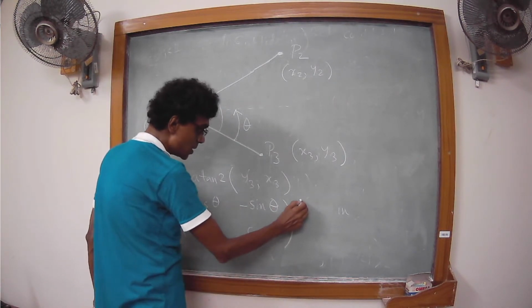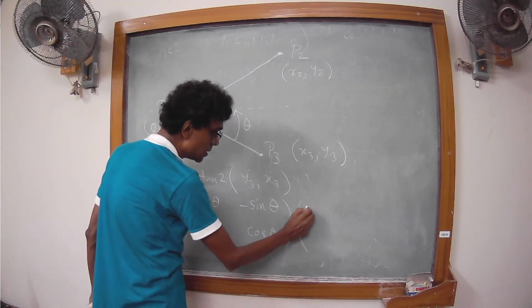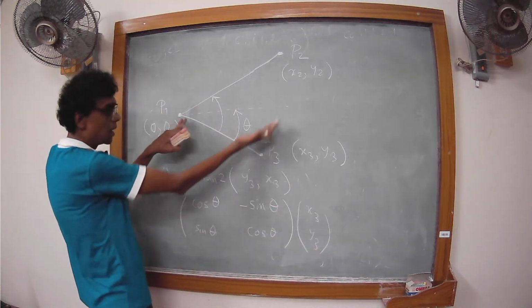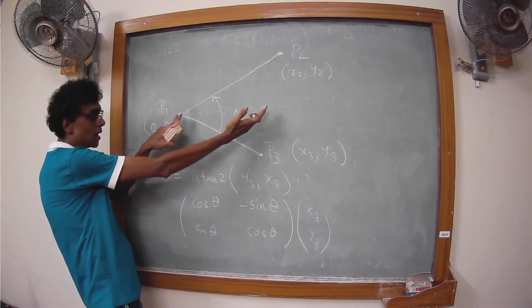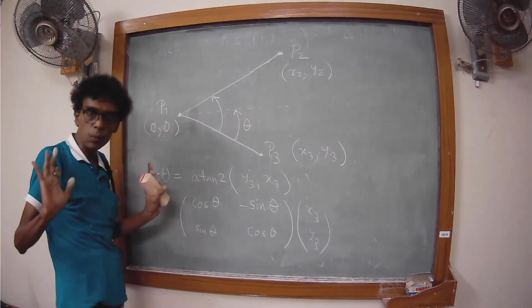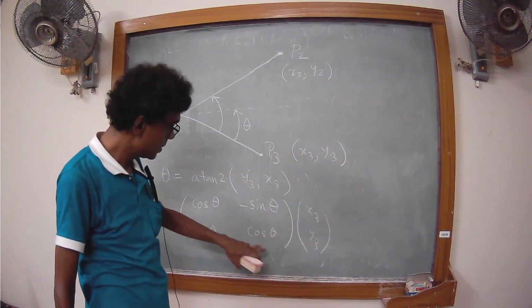Okay. So if I multiply this with x3, y3, this will now go to the x-axis. And if I apply the same thing on P2, I will get some x2 prime, y2 prime. Right. Multiply by the same transformation matrix.